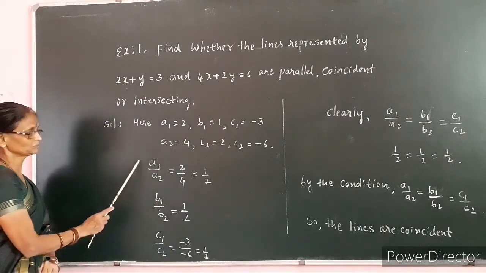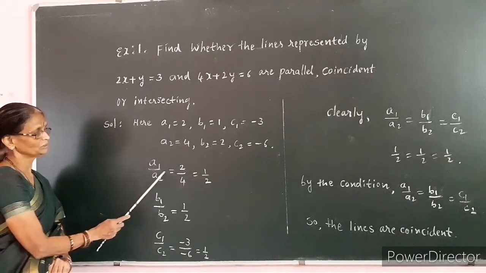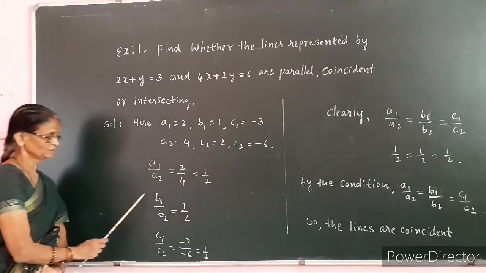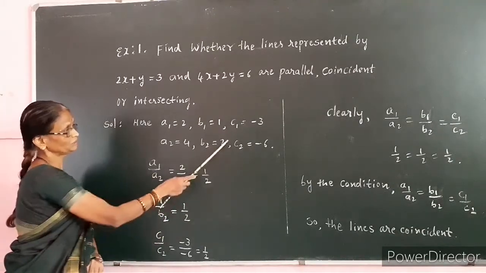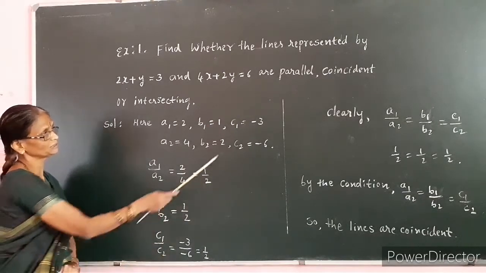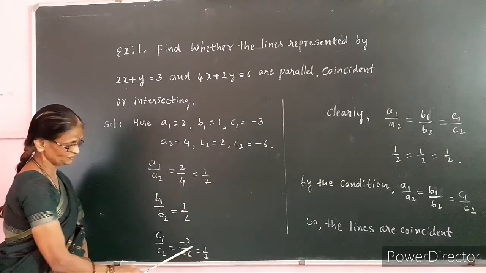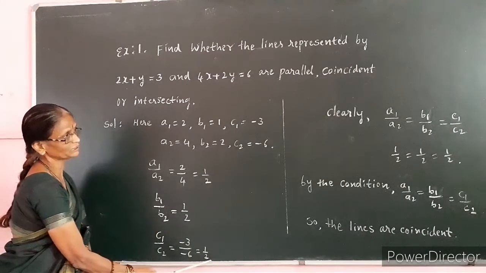Now according to the conditions, we find the ratios. a1 by a2 = 2 by 4, simplify, you get 1 by 2. b1 by b2 = 1 by 2. c1 by c2 = -3 by -6, the minus signs cancel, 3 ones are 3, 3 twos are 6, we get 1 by 2.